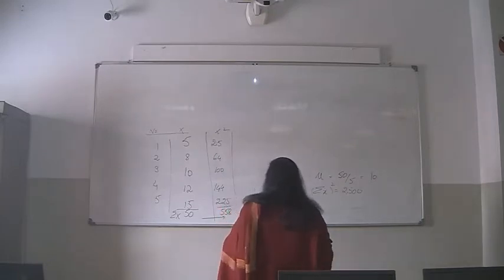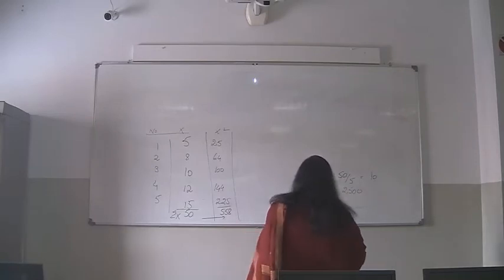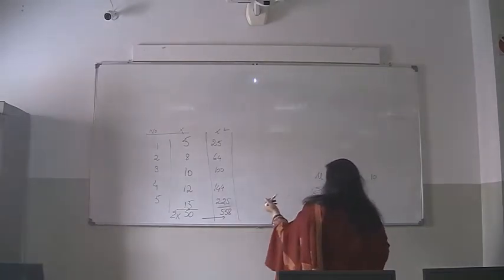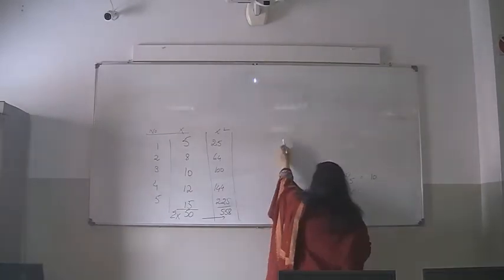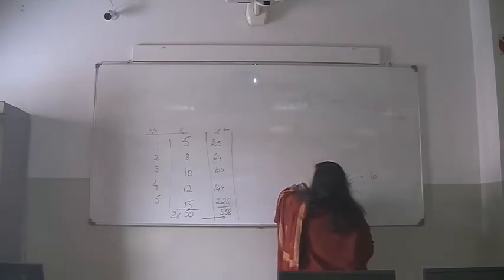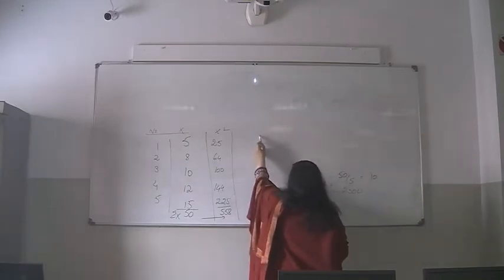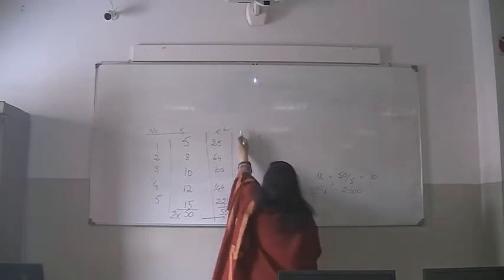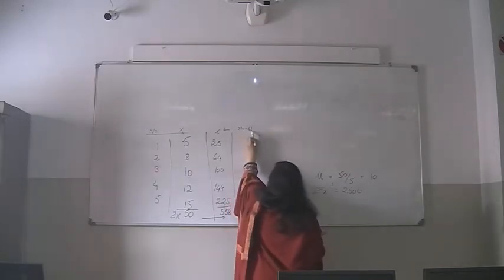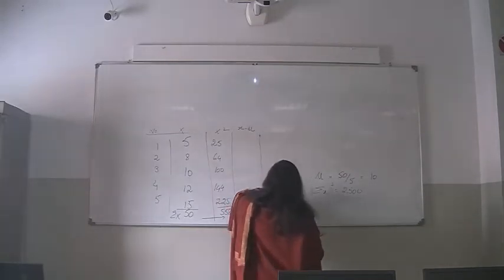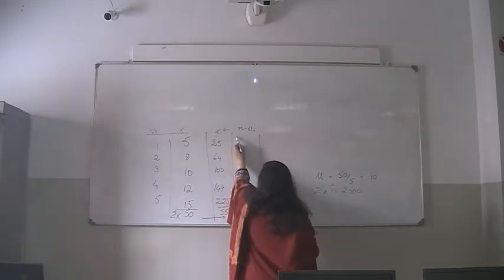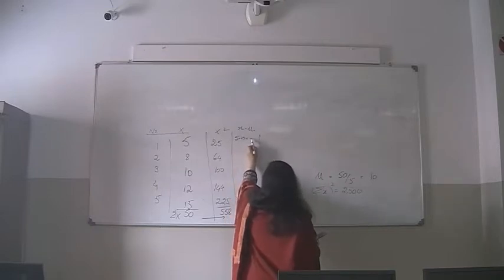Now, in terms of finding the individual values, let's make another table here. We have x minus mu, and since our mu is 10, 5 minus 10 comes to minus 5.